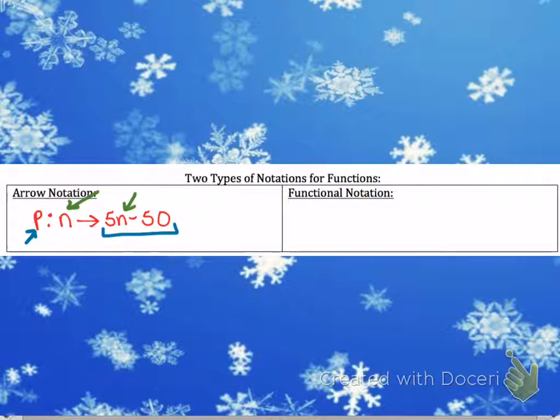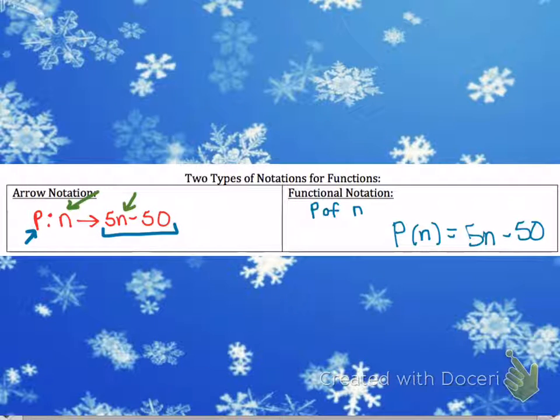Now, another way to do this same kind of functional notation, which looks a little more traditional than what we've been using: if we see p of n, we can write it as p of n, in parentheses, p of n is equal to 5n minus 50.